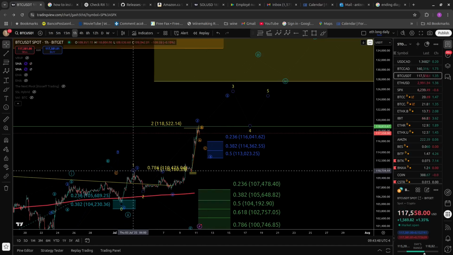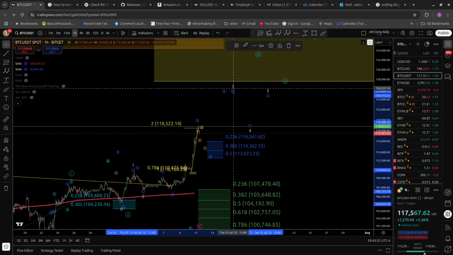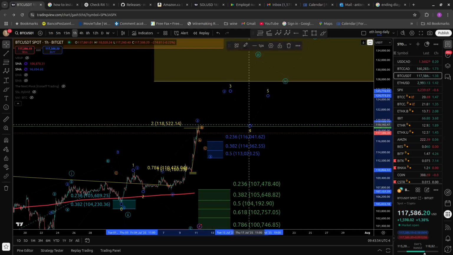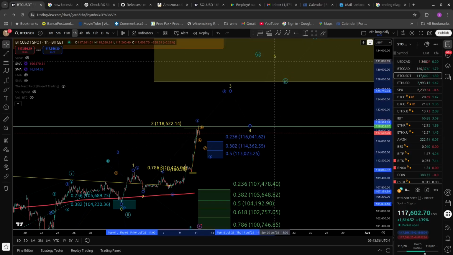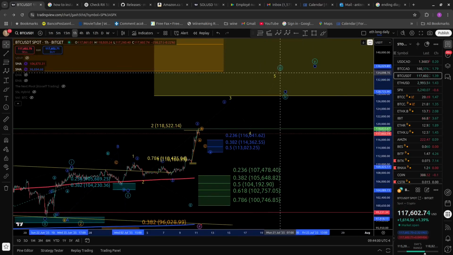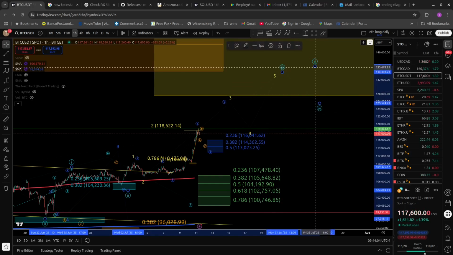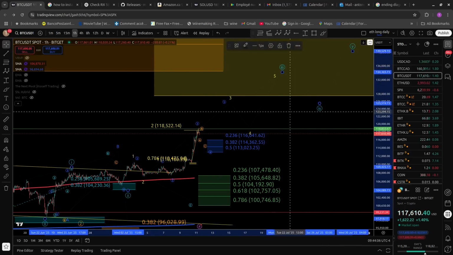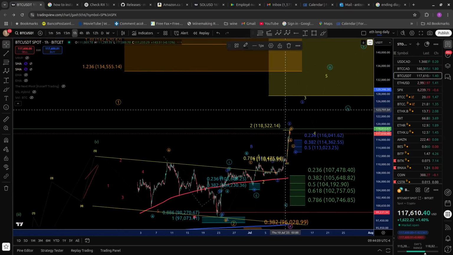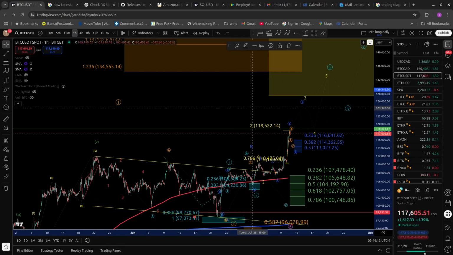So this is going to be the 5th wave in blue, which will complete the third wave in yellow. And after that, we still have a 4th and a 5th wave. And this is going to close the third wave in light blue. And then after that, we're going to have a 4th and a 5th. And this is how price can manage to go higher and higher and higher.